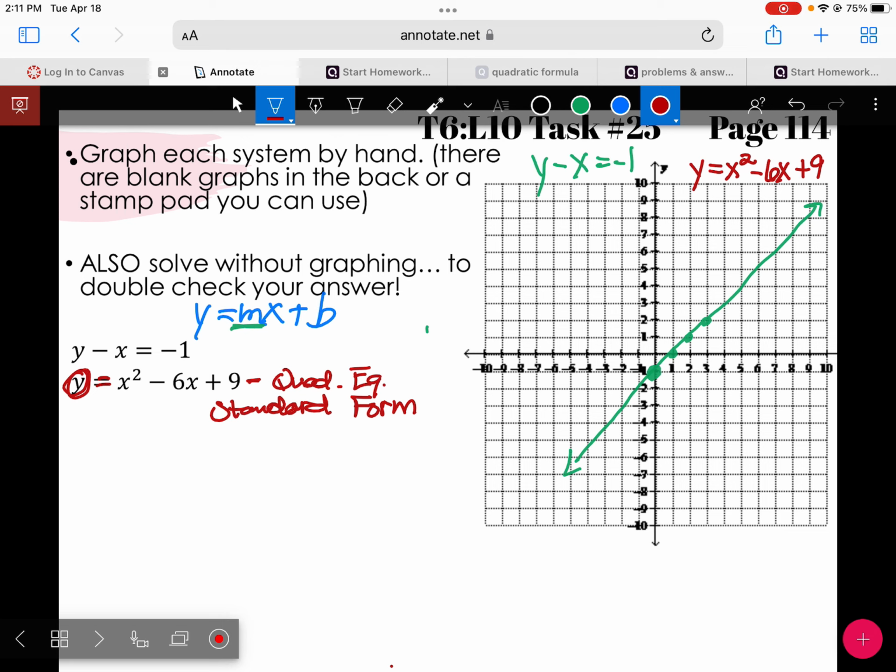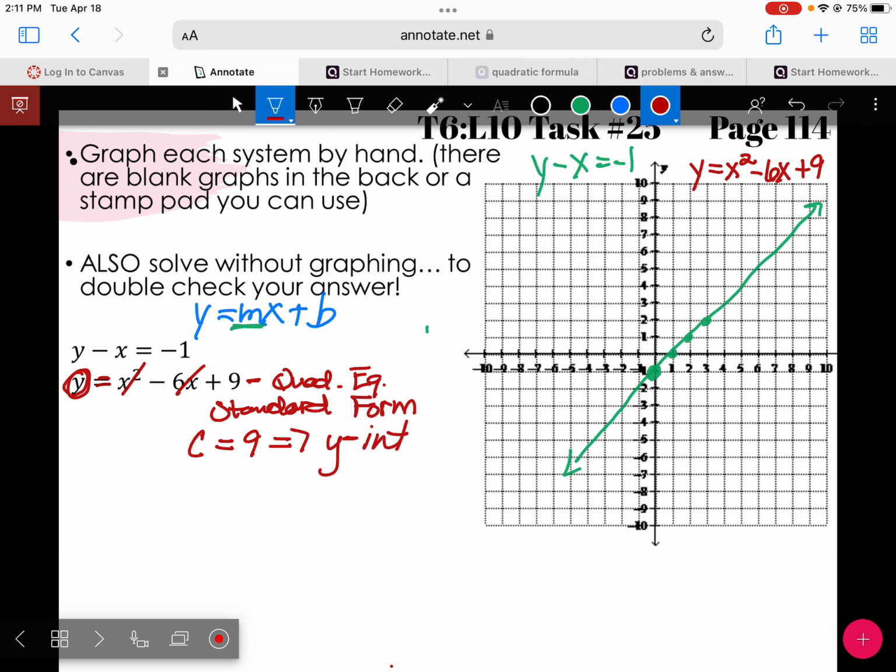We just talked about this. The C value is your what? Yes, it is the y-intercept. Because if I substitute x is 0, these are going to cancel out, and I'm left with 9. So I can tell here that C is 9, and that is my y-intercept.